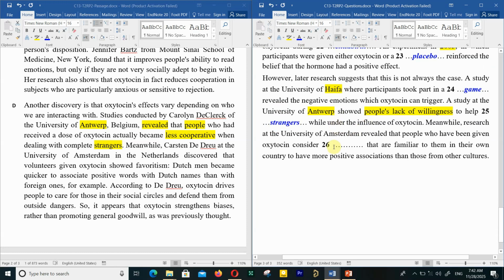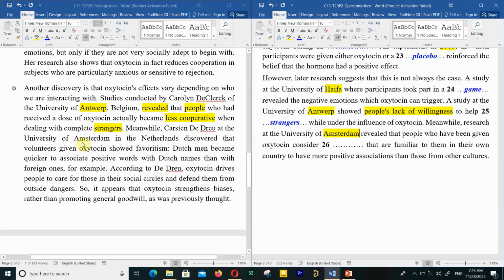And finally, question 26. University of Amsterdam. First, find Amsterdam. Here it is. Revealed that people who have been given oxytocin consider the blank that are. Be careful about are. Are means it has to be plural here.